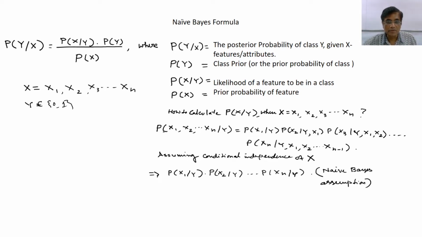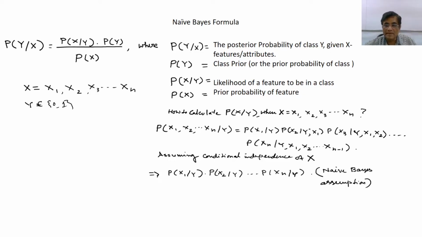If you want to compute using Bayes formula, then the probability of occurring x1, x2, x3 up to xn given a class equals the probability of occurring x1 given the class prior, multiplied by the probability of x2 given y and x1, then the probability of x3 given y, x1, x2, like that up to the probability of feature xn belonging to a class y, x1, x2 and so on.